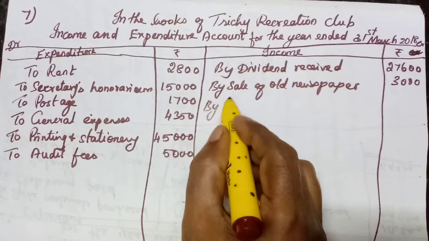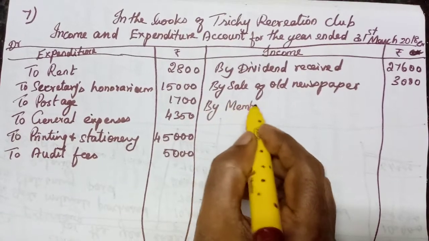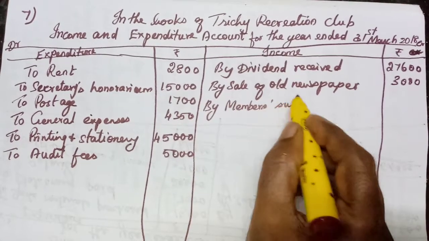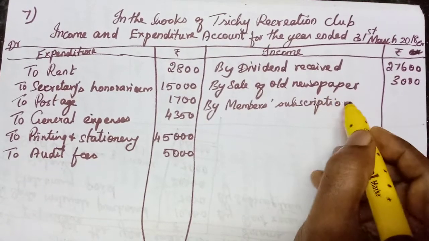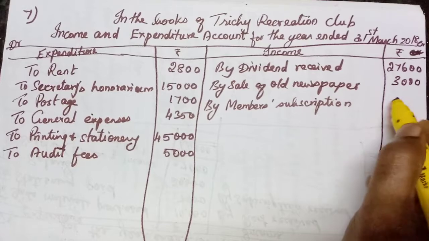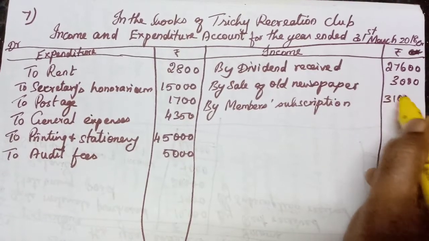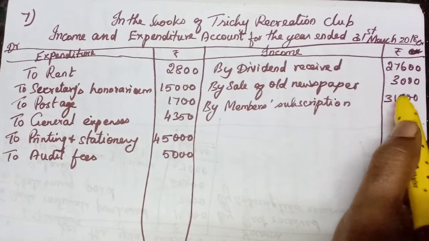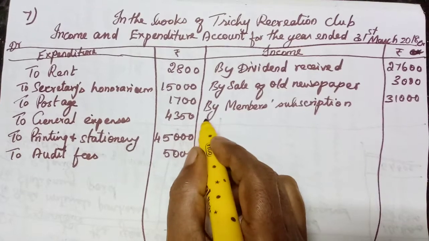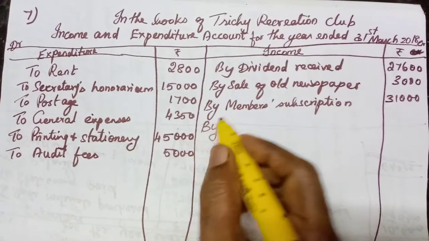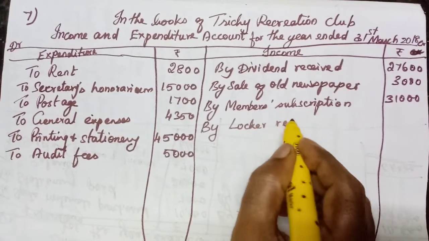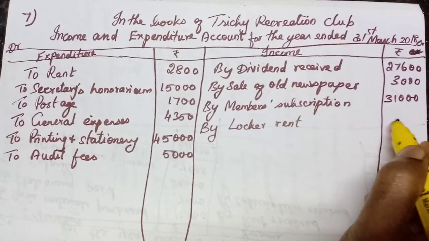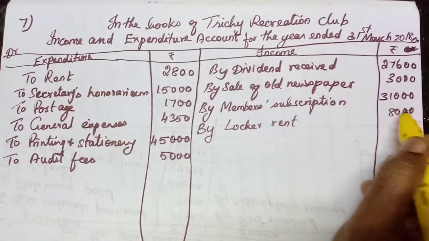So by members subscription, 31,000. Then locker rent. Locker rent, 8,000.